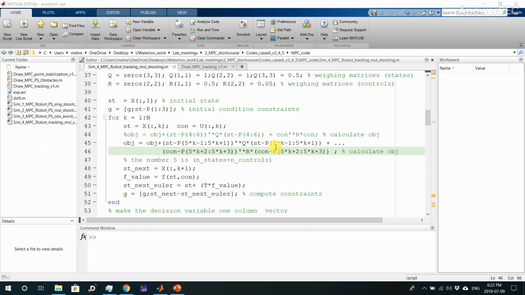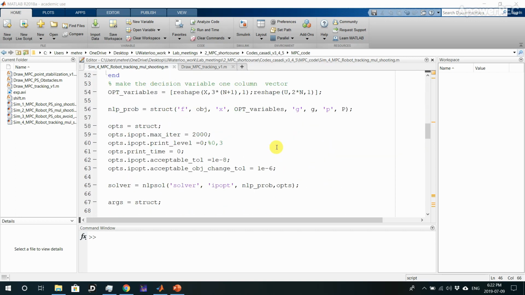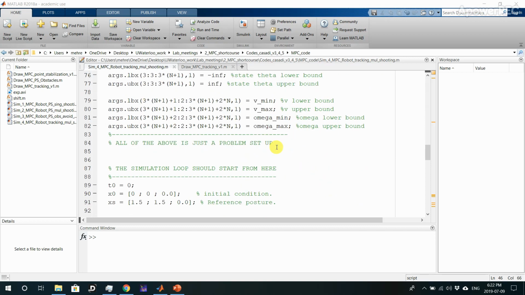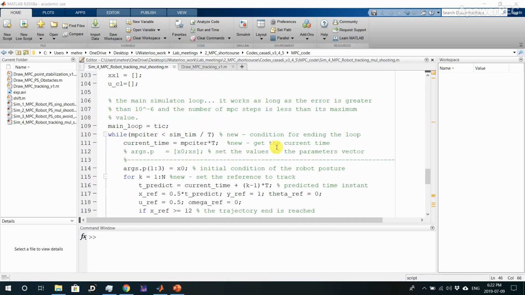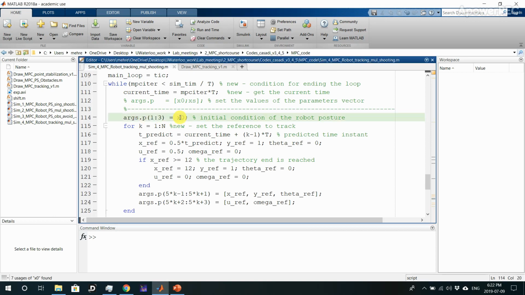So now moving forward with the implementation, everything remains the same as the point stabilization case until we stop again at the simulation loop, where we fill the variable args.p by the initial condition and the reference for all the controls and for all the states.